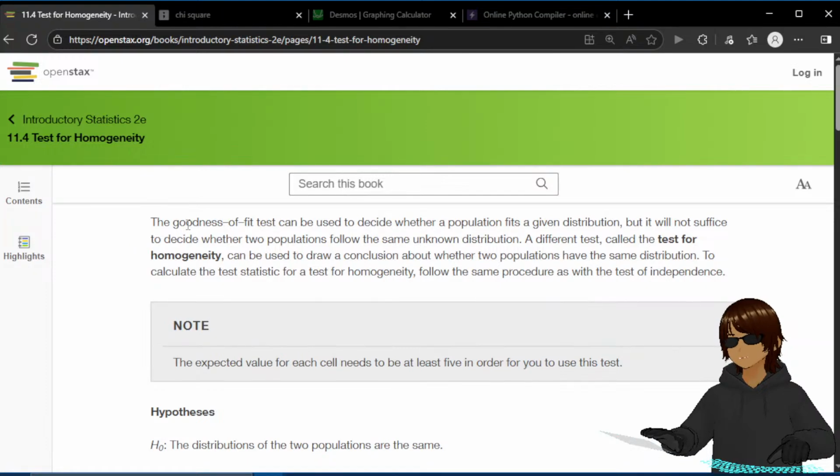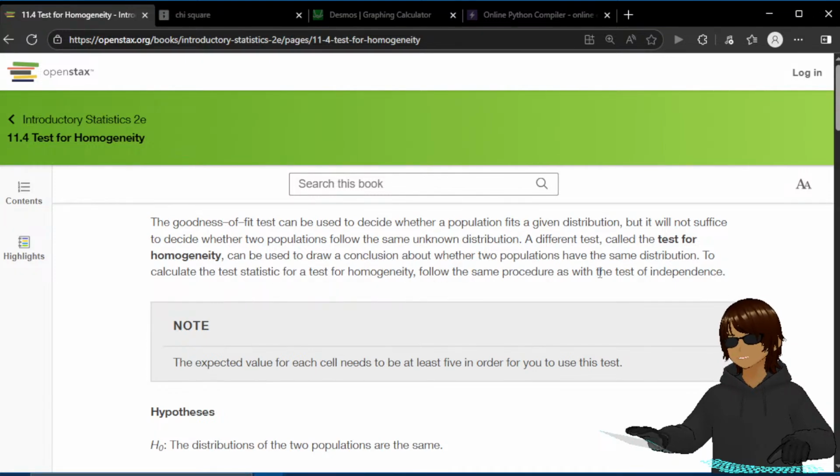The goodness of fit test can be used to decide whether a population fits a given distribution, but it will not suffice to decide whether two populations follow the same unknown distribution. A different test called the test for homogeneity can be used to draw a conclusion about whether two populations have the same distribution. Calculate the test statistic for the test of homogeneity.